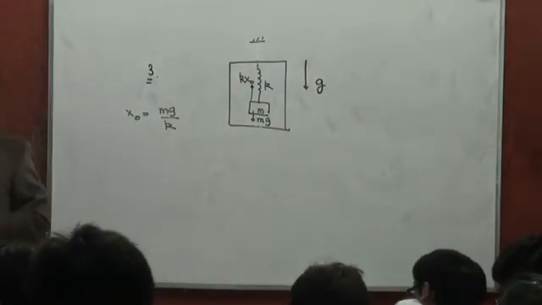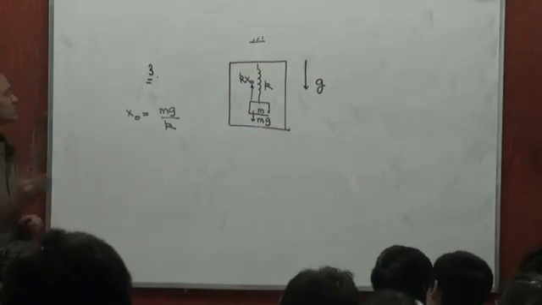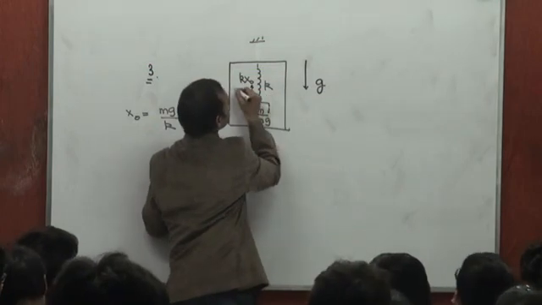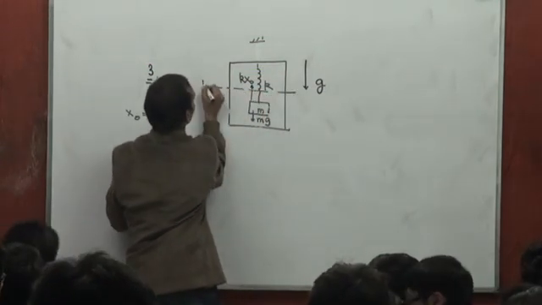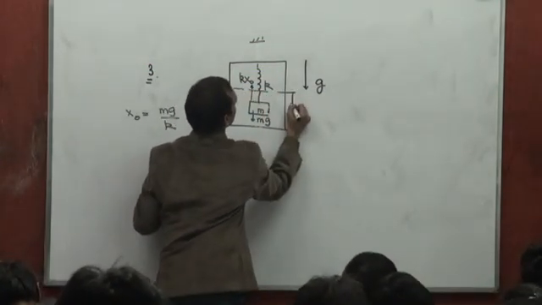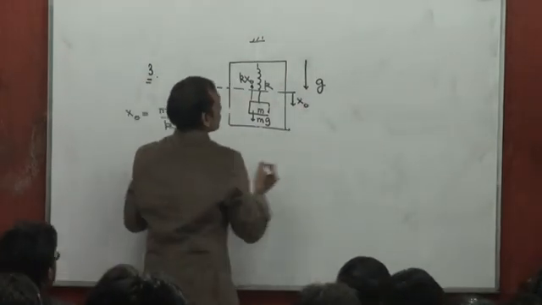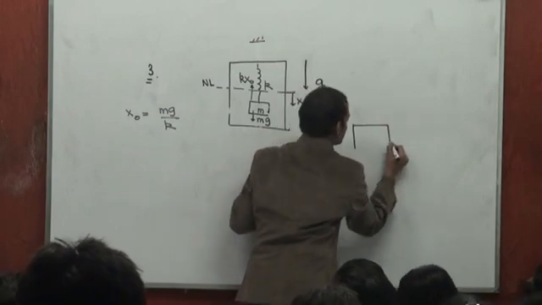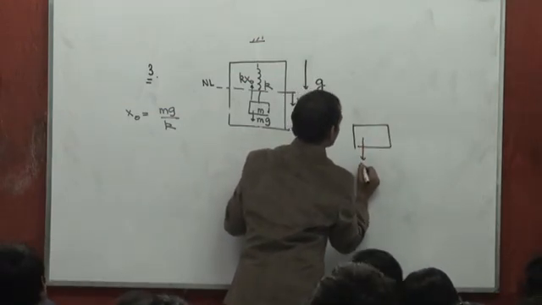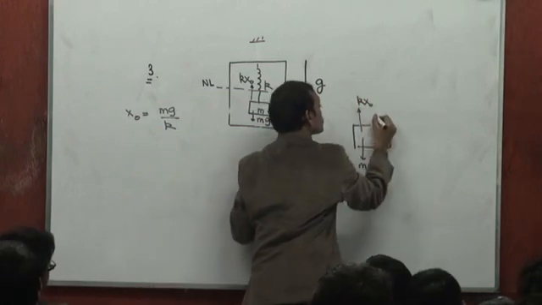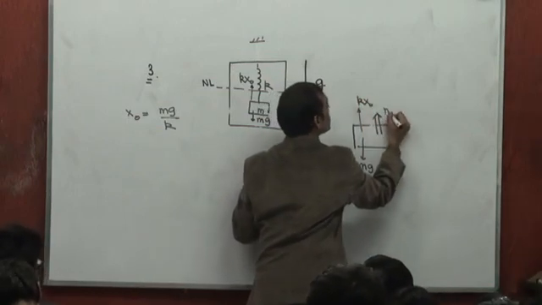So in the elevator frame of reference, now in addition to the spring force, this was the natural length of the spring, and this length was x naught. So the forces would be not just mg and kx naught. There is going to be a pseudo force mg upwards.